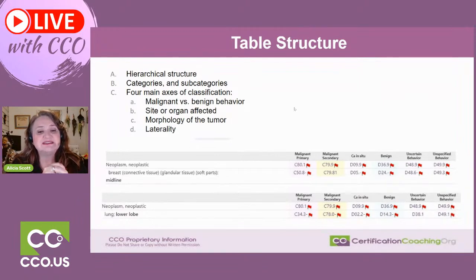If it's secondary cancer, that's C79.81. If it's cancer in situ, D05 point, more characters. Benign is D24 point, more characters. If it's uncertain behavior, D48.6, more characters. And unspecified behavior, D49.3.